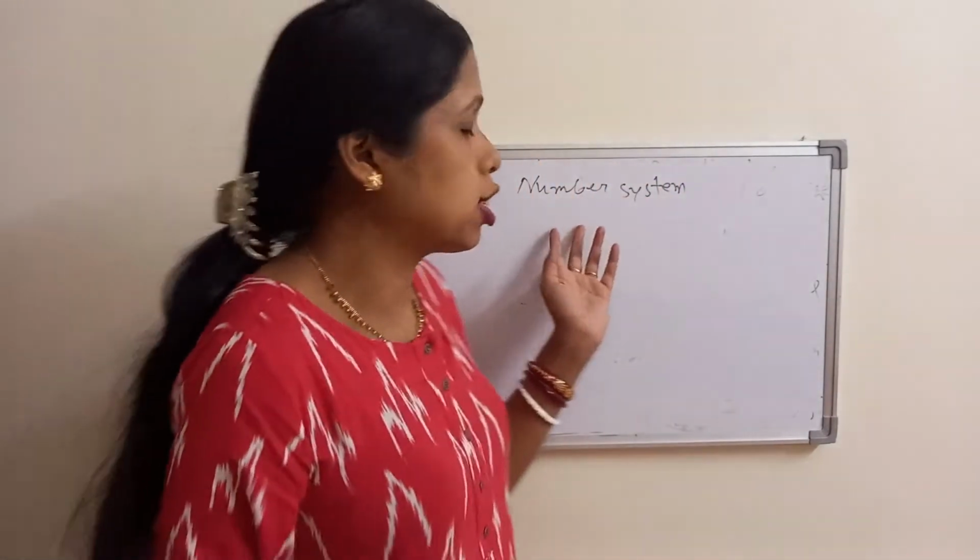Apart from the binary number, there are lots of number systems in our physical world. Today I'll discuss the number system and how each number system can be converted into another number system.